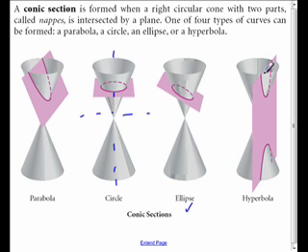And finally, if you take that plane and cut it straight down through both cones, you get a shape known as a hyperbola. So that's a conic section definition of what each of those are. In this course, we're not looking to memorize a conic section definition. We just want you to know that these are how the shapes are formed. We want to look at some different kinds of definitions.